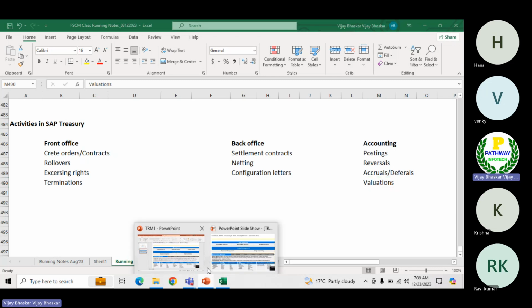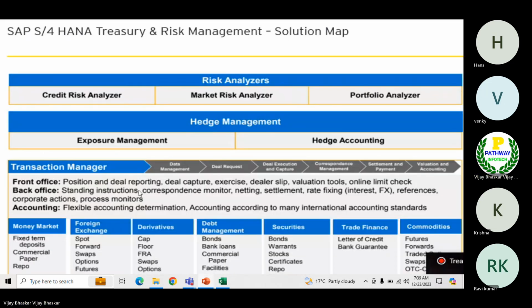Now moving back to the slide. As I mentioned, these are the activities: front office, back office, accounting. Positioning and deal reporting, deal capture meaning deal creation or contract creation, exercising the rights, dealership, valuation tools, online limit check.